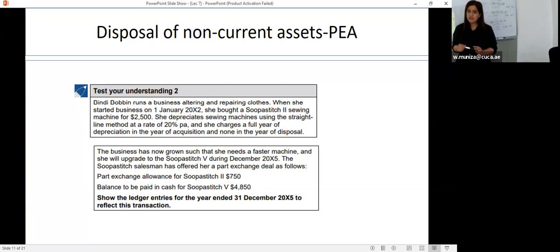Second accounting entry, debit accumulated depreciation account, credit disposal account. Third accounting entry, debit cash, but in this case, no cash is being received. Okay. So students, are you clear? This is how we are going to do.